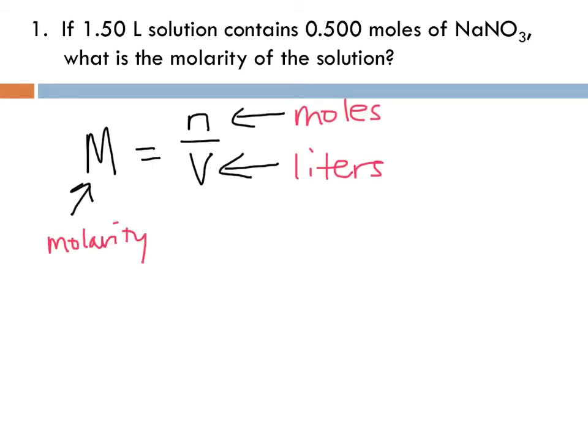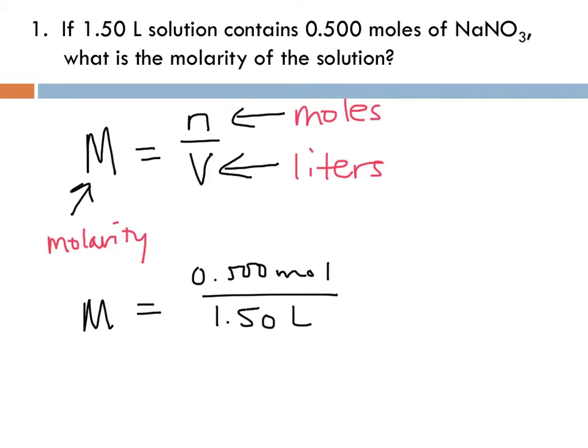So we want to solve for the molarity. We would need our moles in the numerator and the volume of our solution in liters in the denominator. If our volume wasn't in liters, we would have to convert it to liters.